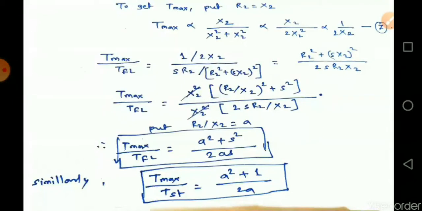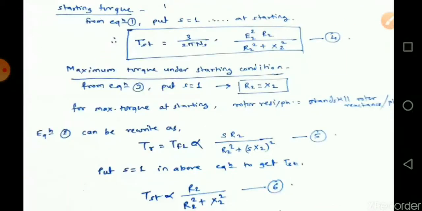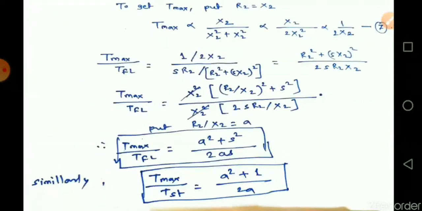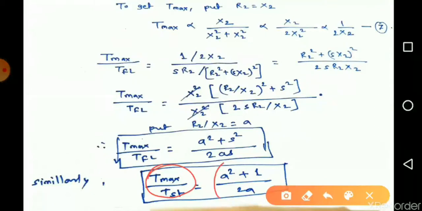Keep in mind, this is not the condition for maximum torque; that is something else. Here our assumption is A is equal to R2 divided by X2. In a similar manner, if we take the ratio of the maximum torque to the starting torque, we get the relationship T_max upon T_ST equal to (A square plus 1) divided by 2A.